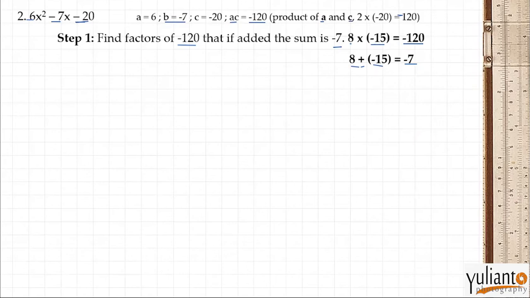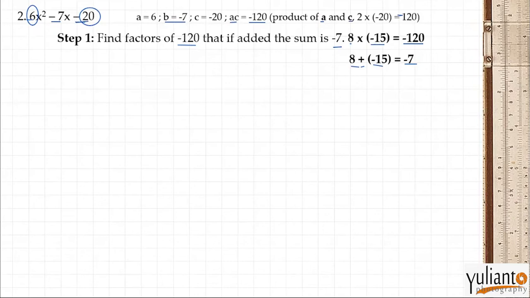In general trinomials where a is not equal to 1, we always need to multiply the first coefficient and the last number. That is needed, okay? And then after multiplying the first and the last terms, we need to find the factors.